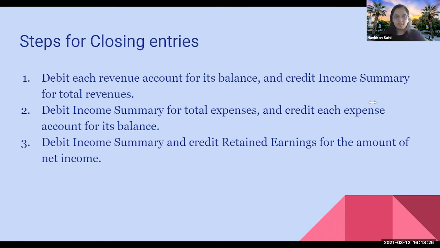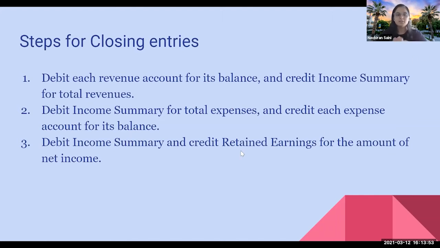When we have more balance on the debit side, which is expenses, then we are going to debit the income summary to account for the loss. Or if there is more balance on the credit side, which is our revenues, then we're going to debit the income summary and credit the retained earnings for the amount of net income.